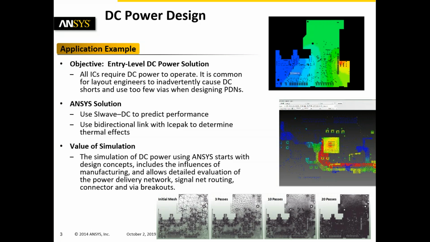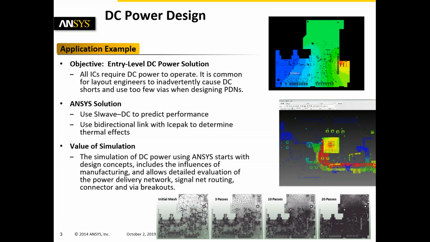All ICs require DC power to operate. It is common for layout engineers to inadvertently cause DC shorts and use too few vias when designing the PDN. With this problem that often occurs among designers, ANSYS offers this solution that uses SI Wave DC to predict the power performance and the temperature map.